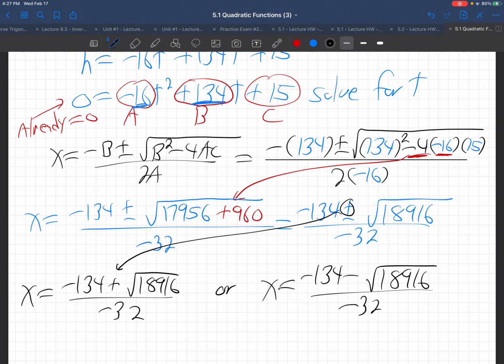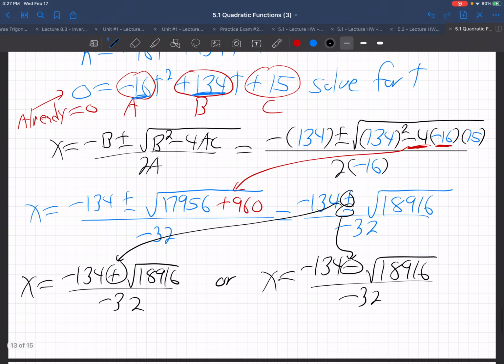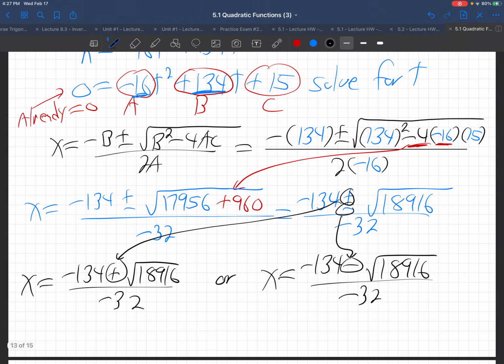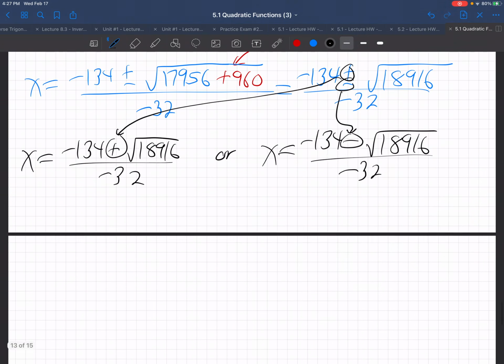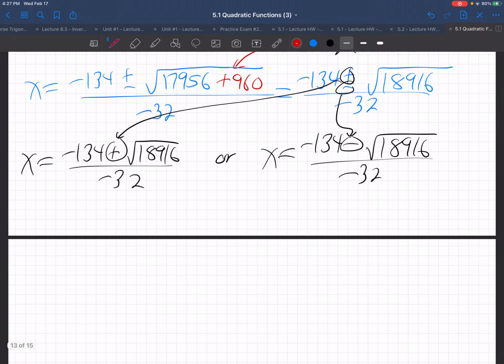We do the plus option there, the minus option there. All right, let's figure out the two of them. This is a long problem. Double quadratic formula. So make sure you put parentheses around the numerator when you put this on your calculator.